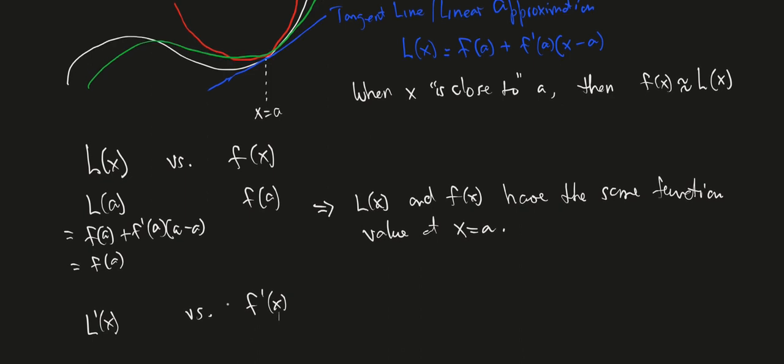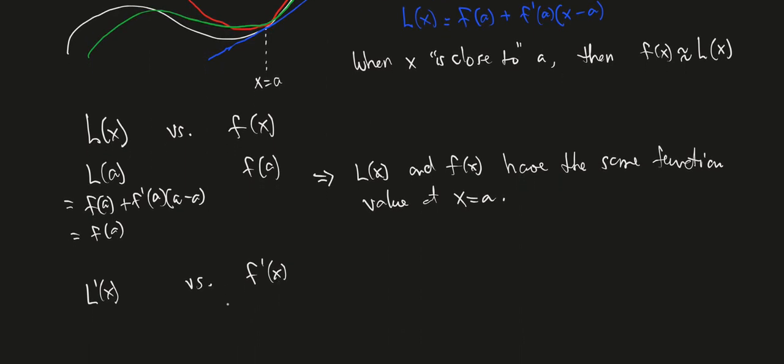So I'm going to keep the little blue equation there, and I'm going to write down what the derivative of this function would be. When I differentiate L, because f of a is a constant, I will get 0. So L prime of x is 0 plus, and then this is a constant multiple, so f prime of a comes down, and then when I differentiate the x, I'll just get a 1.